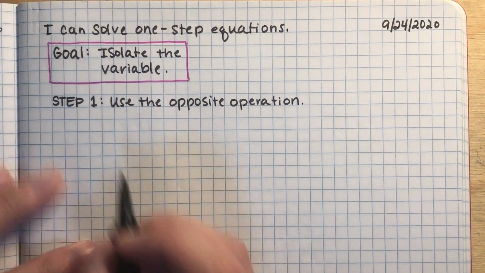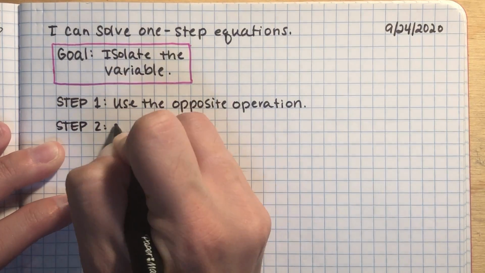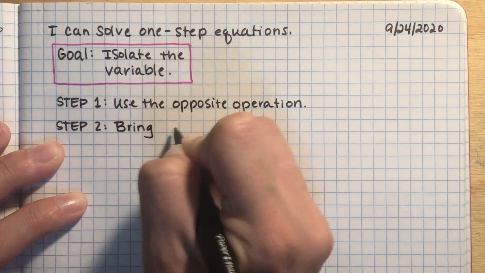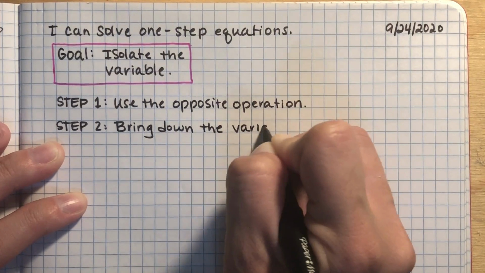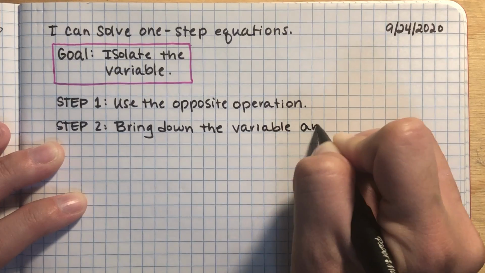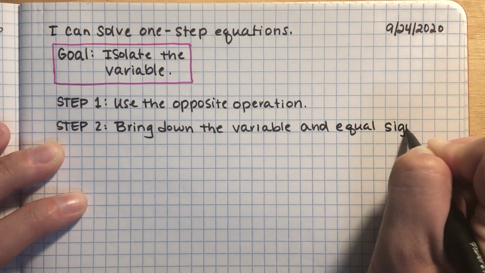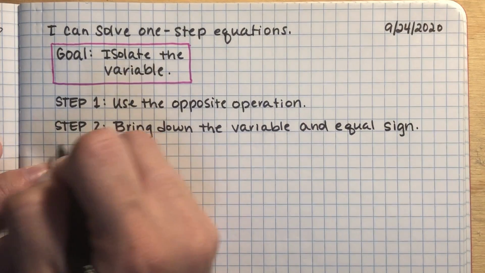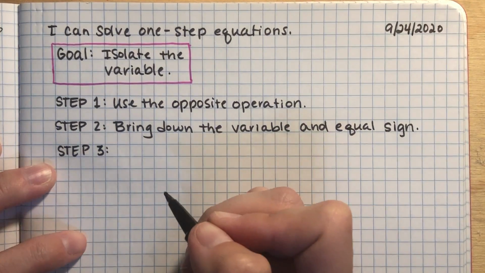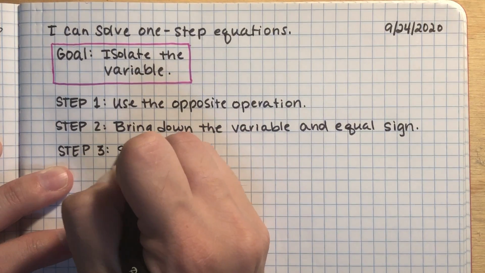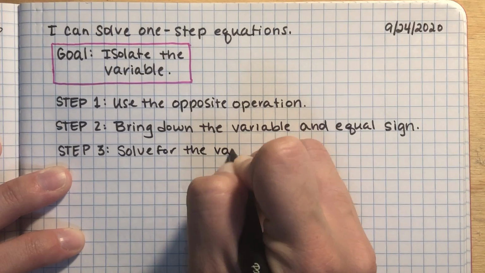After that, step 2 is to bring down the variable and equal sign. Then finally, step 3, we're going to solve for the variable.